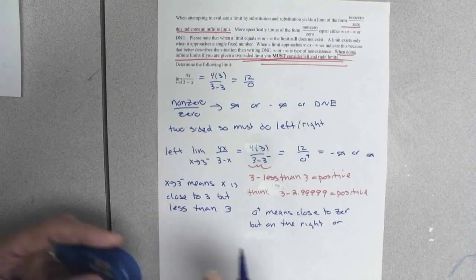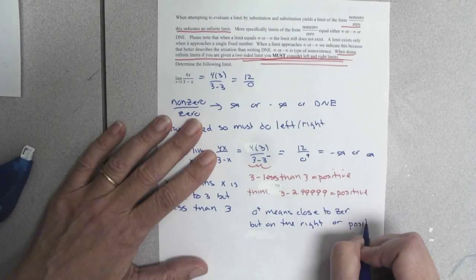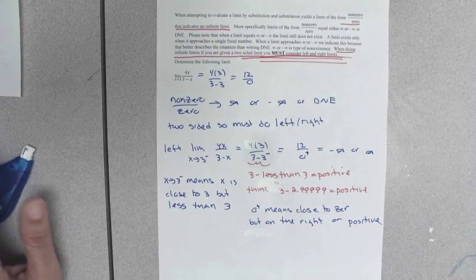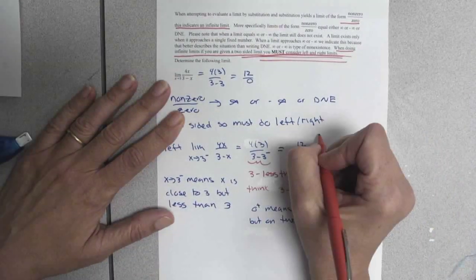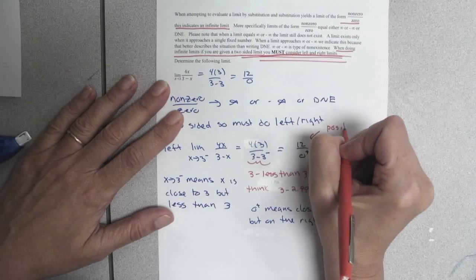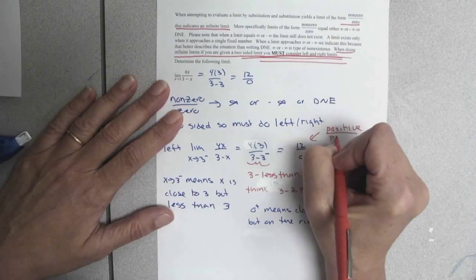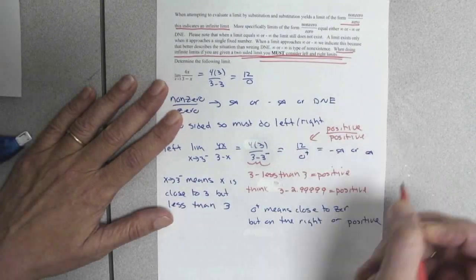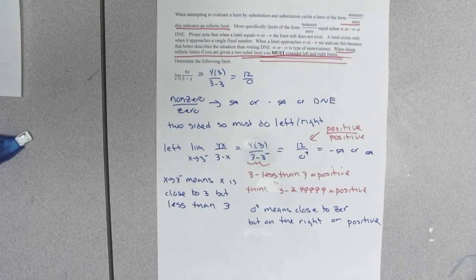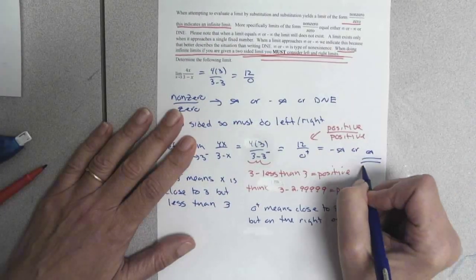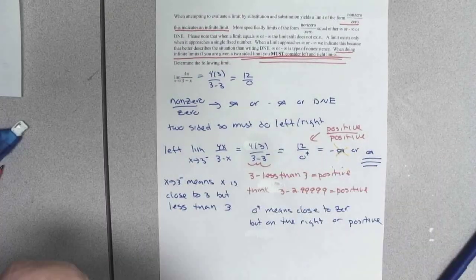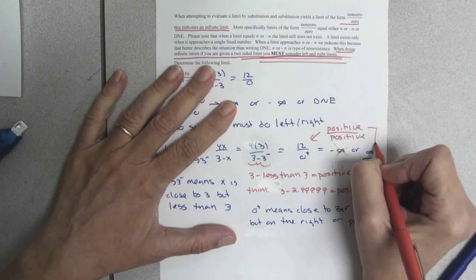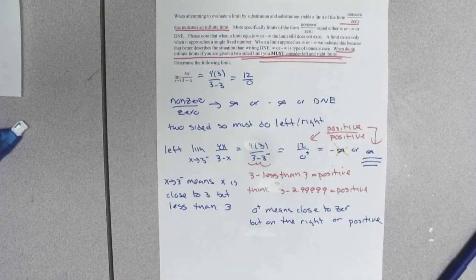When something is to the right of 0, it's positive. So then what I have over here is positive over positive, which makes my answer infinity. It is not going to be negative infinity. The positive over positive has to be infinity.